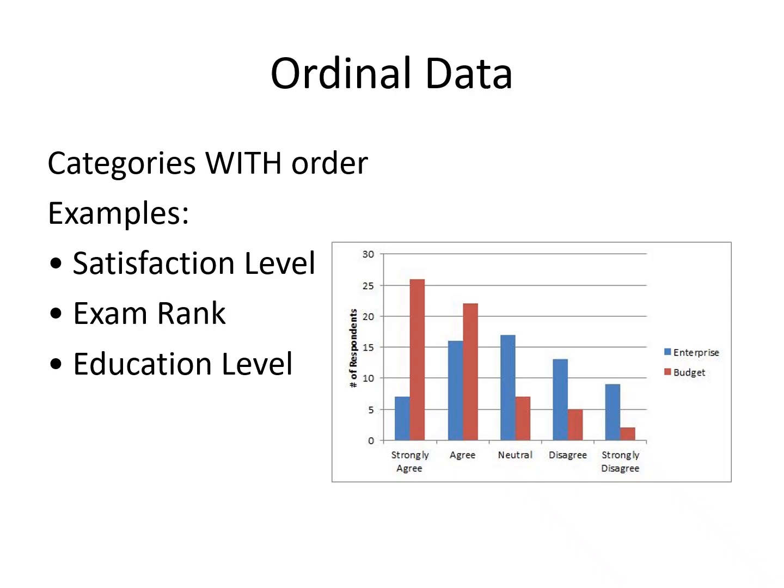However, we don't know whether the gap between categories is equal. For example, the difference between good and excellent may not be the same as the difference between fair and good. The key idea is simple. If categories can be ranked, the variable is ordinal.